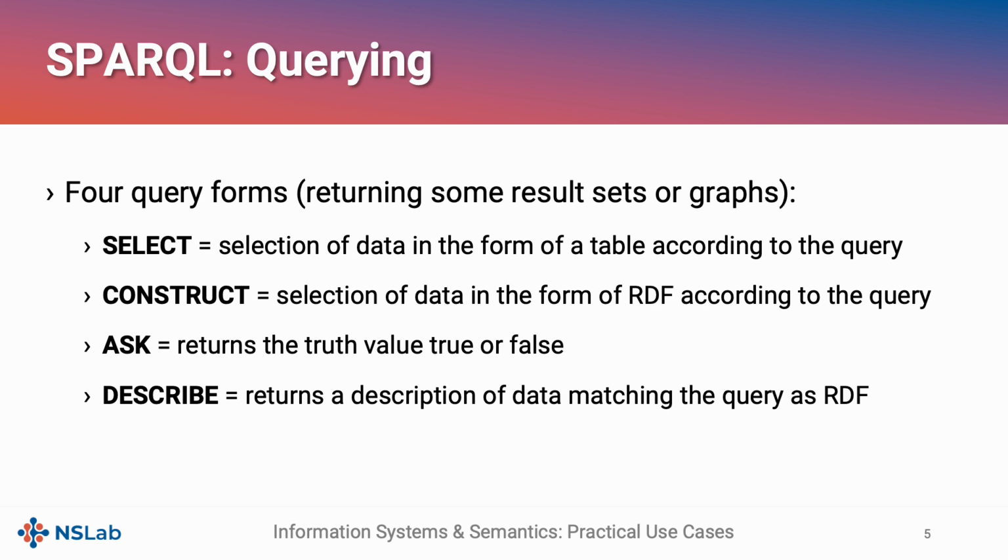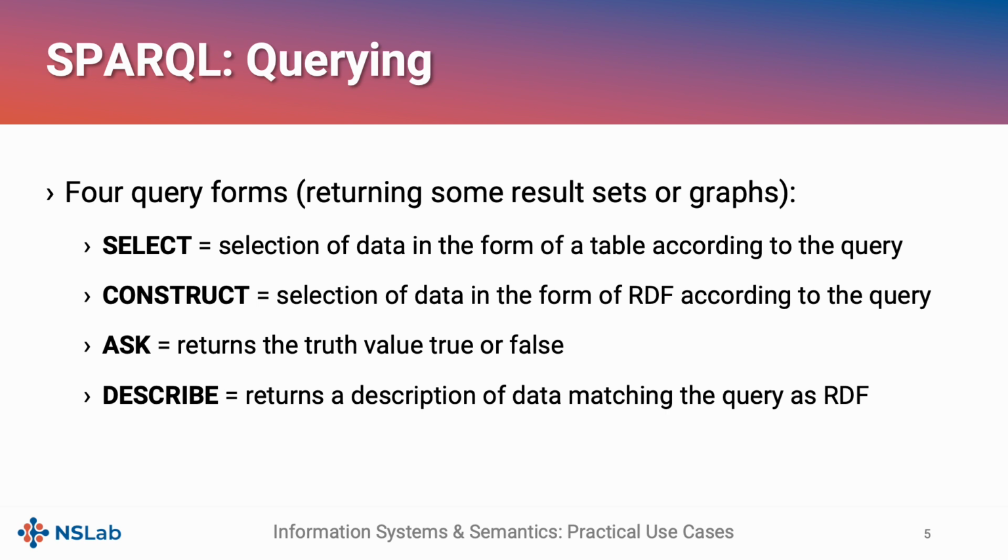And queries can be in one of these four forms, and all of them return some types of result set or graphs. So the first one is select, for selecting some data according to the query.